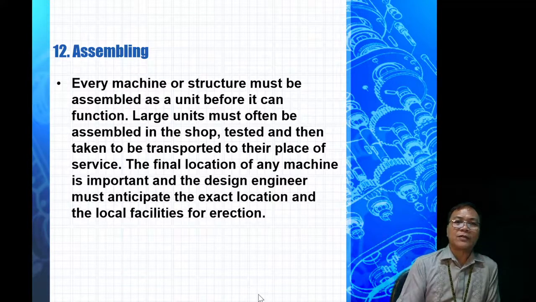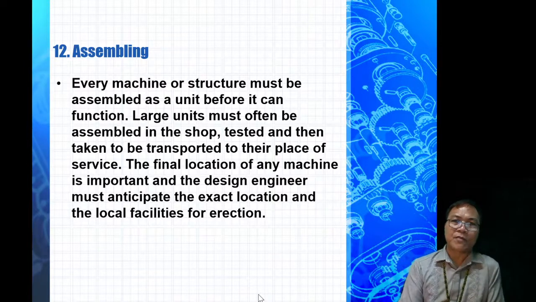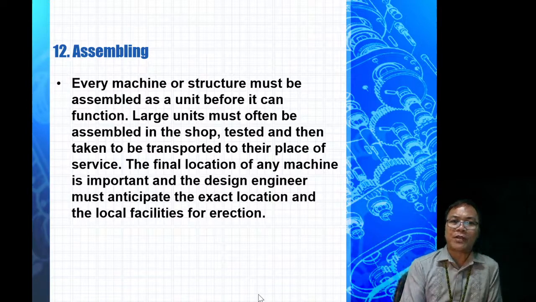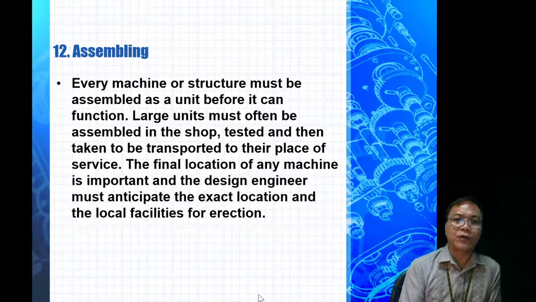And then the final location of the machine should also be anticipated. For example, whether the foundation is already established, whether there is a building or a connection, for it to be working at the specific location.